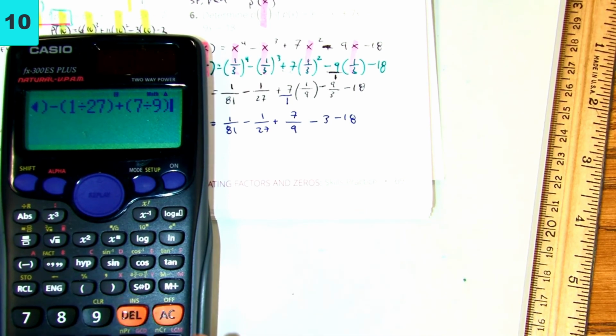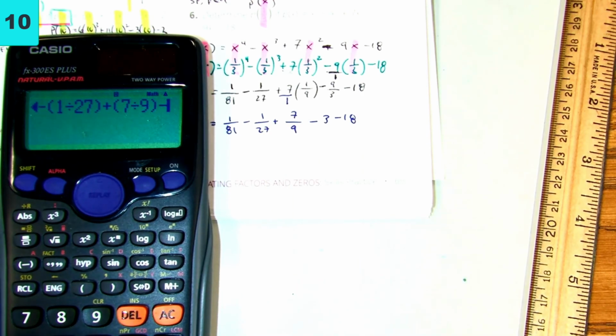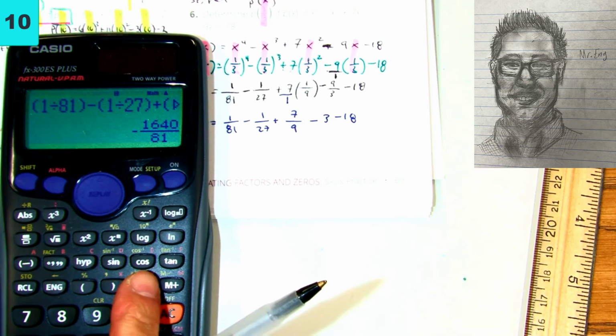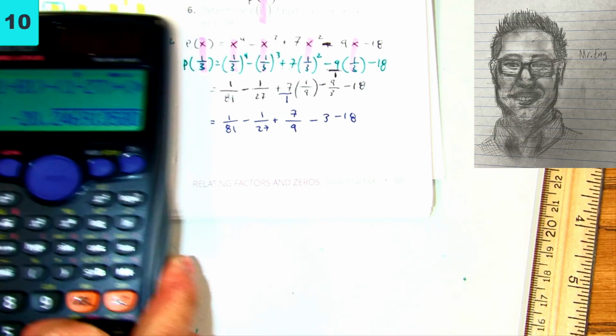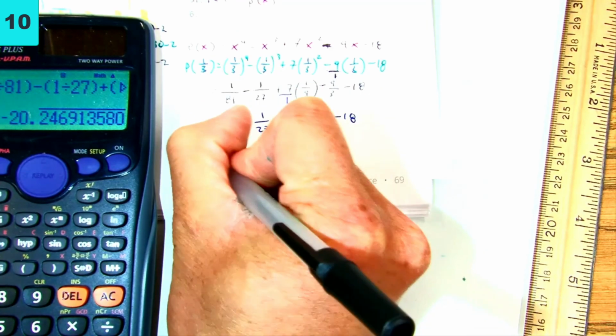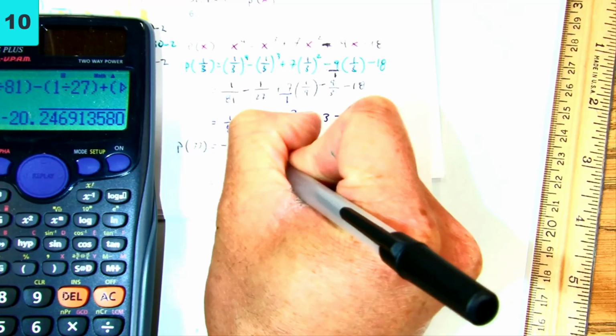Again, not all calculators can do this, so you might have to individually do them and then add and subtract. Minus 3 minus 18. And it gets a big fraction for us, and then I can just convert it to decimals. So my answer is going to be, really 1/3 is 0.33, and that equals negative 20.24. I'll just stay there.